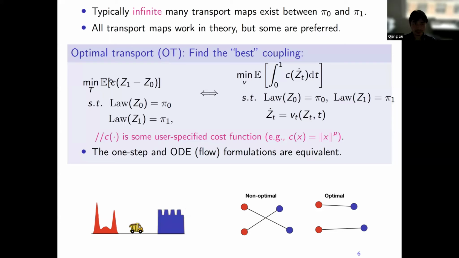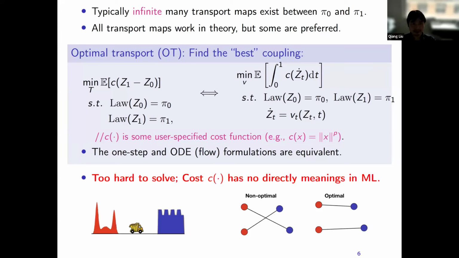So this is an optimization problem where we want to minimize a convex cost function. And you can also formulate it in this continuous dynamic view where you want to find a continuous time process to connect two distributions, right? And these two formulations are equivalent mathematically, in fact.